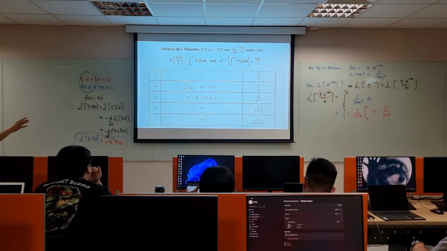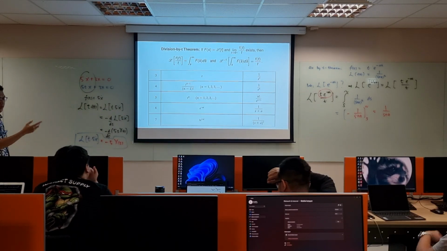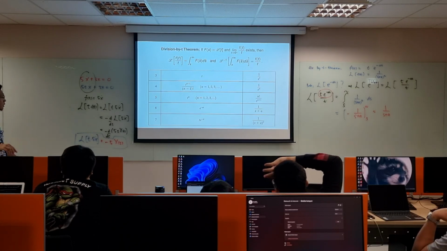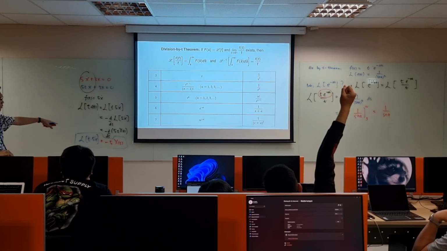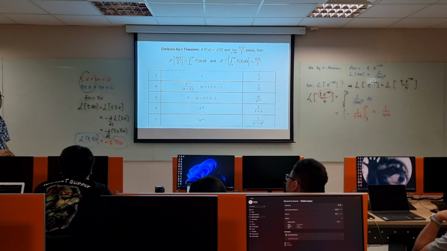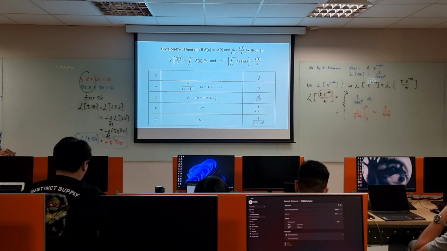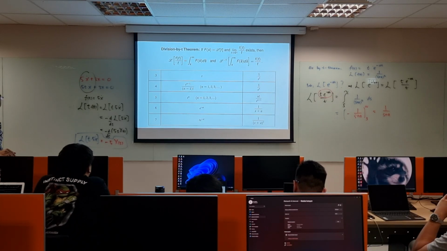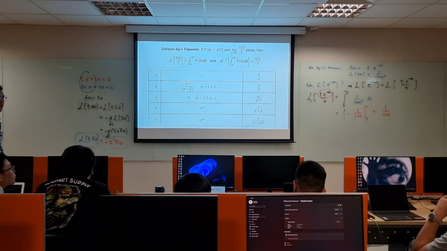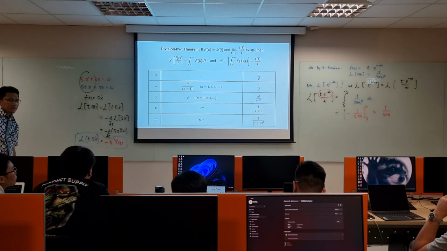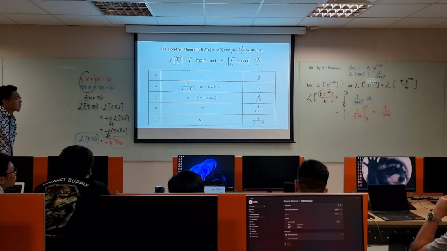And exactly the division by t and multiplication by t theorems are going to be used for solving the ODE. Any other question? Clear enough? Okay.